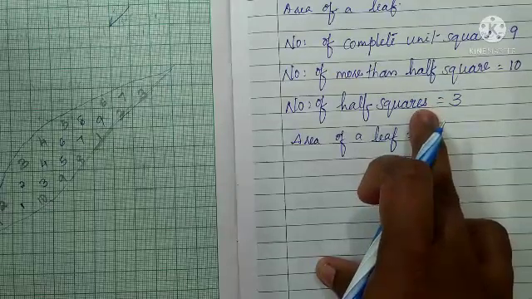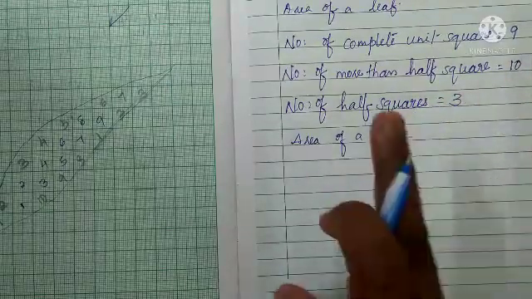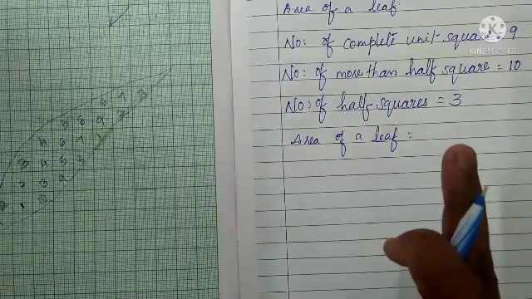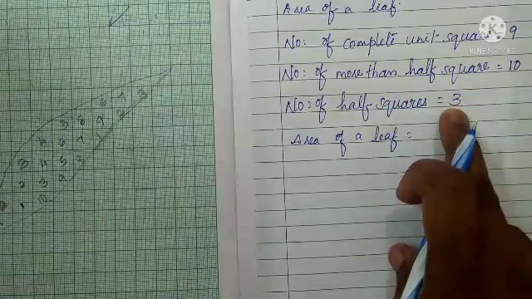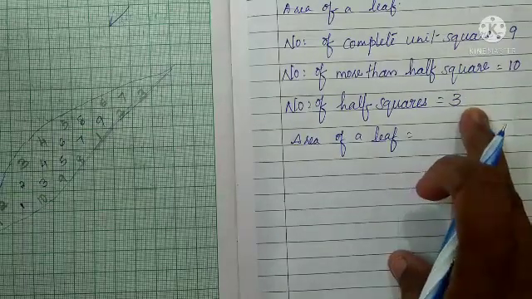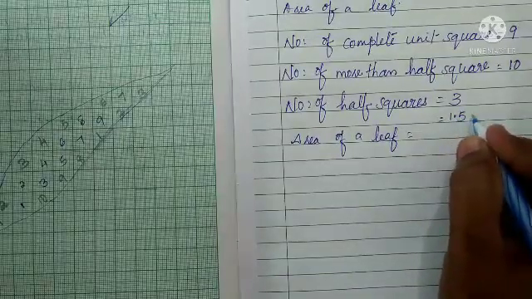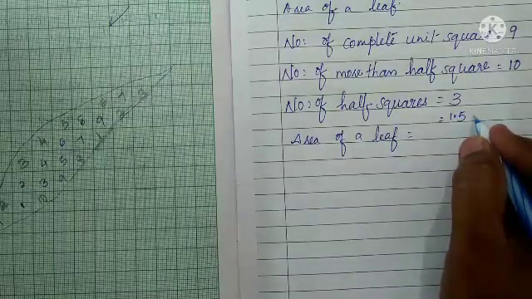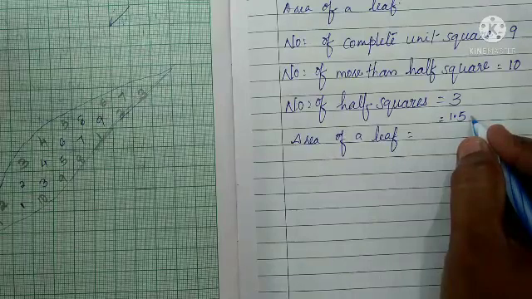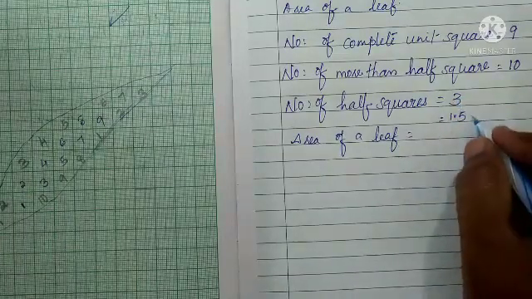Yes, half squares we can calculate. 2 half squares we calculate as 1 complete square. And here 1 complete square and 1 half square is there. So we can write here 1.5 is the area of 3 half squares.